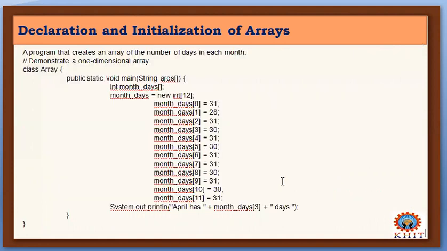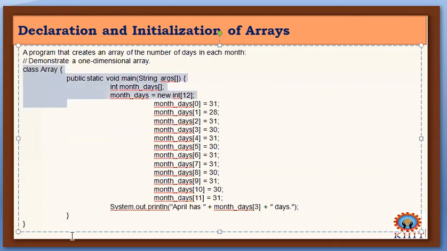Right, so there is a small example where you are giving some values here. So how many days in a month? When you see the program here, I'll just copy paste it for you, and I'll try to execute it also.